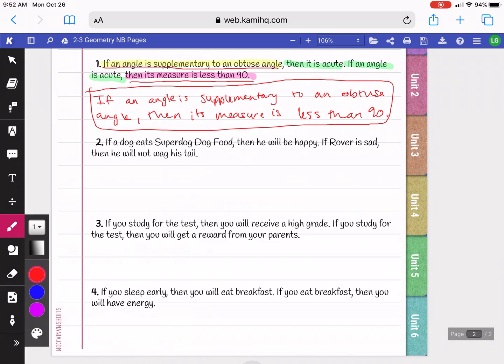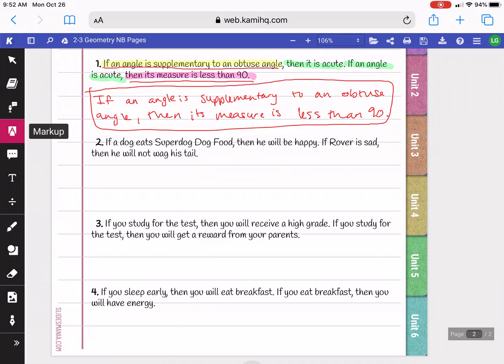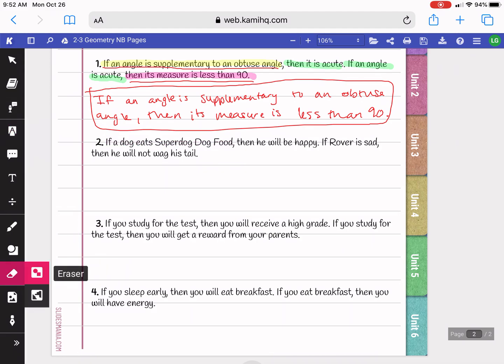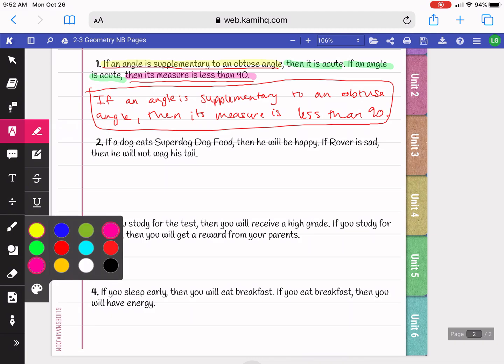Question 2 says if a dog eats super dog food, so that's my hypothesis, then he will be happy. My next statement says if Rover is sad. This did not flow from the first statement. So since it has nothing to do right now with the first statement, we can't draw a conclusion from it.